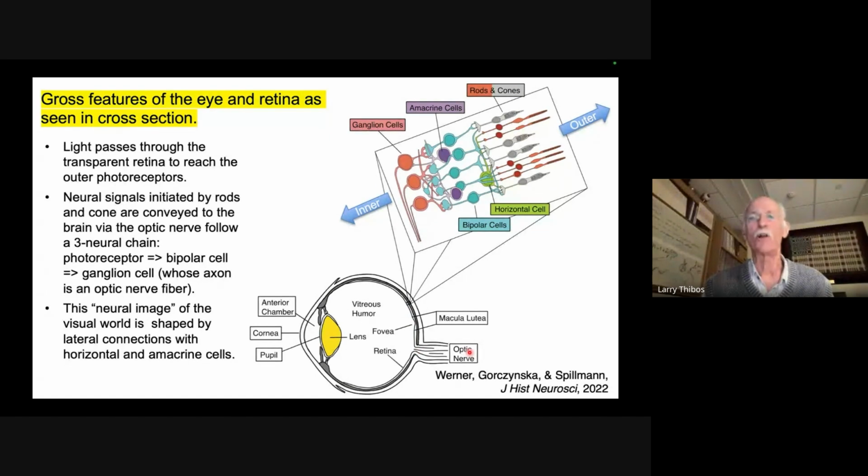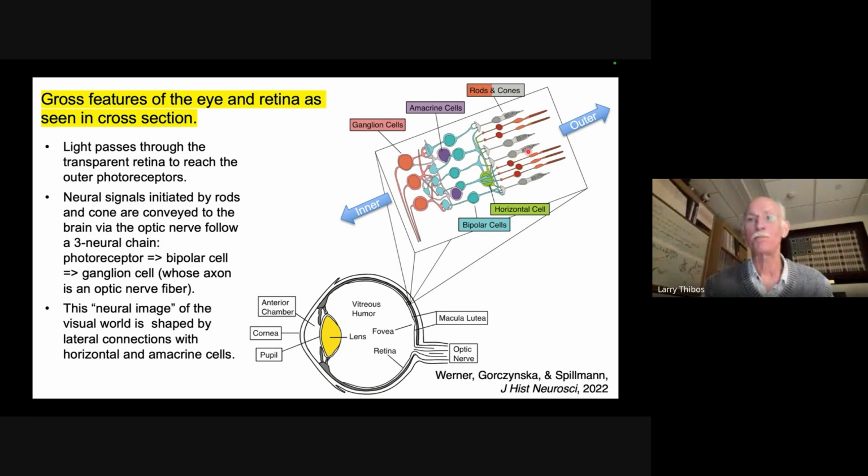And it's a long trip. Comparatively speaking, it's about 10 centimeters or so to get to the brain, and the retinal thickness is on the order of about 0.3 millimeters. So it's a long trip in terms of physiological, anatomical distances.